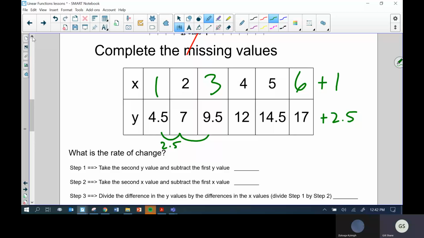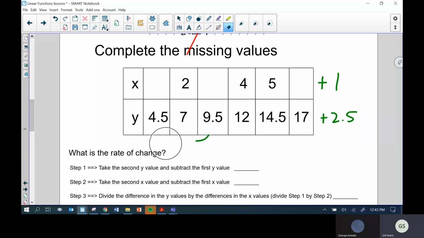So here's another way to do rate of change. If you're struggling with the concept, and I hate just going immediately to shortcuts, I'm sure a lot of teachers do it. This is the way you do it. You're going to take the second y value. Now here's the only key to this: you have to have both the x and the y values. Let's say I hadn't done any of this stuff yet.